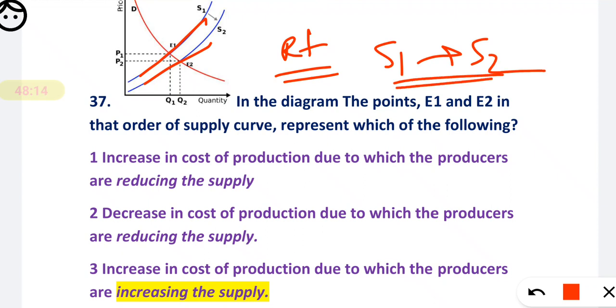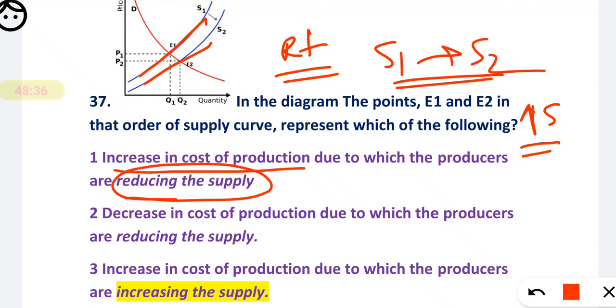When the supply curve shifts from left to right, there is always an increase in supply, because it is shifted to the right. If it is shifted to the left, there is a decrease in supply. Now the first option: increase in the cost of production due to which supply is reducing. See the last line, reducing the supply.